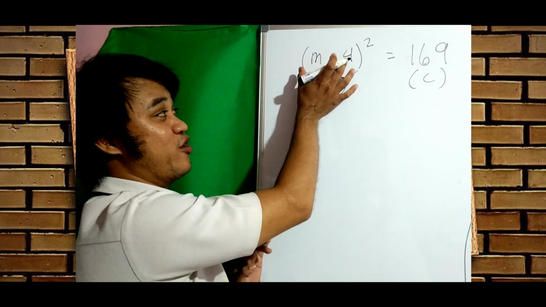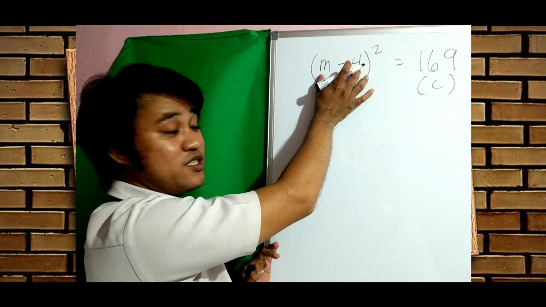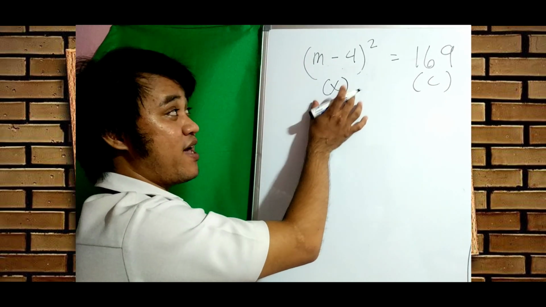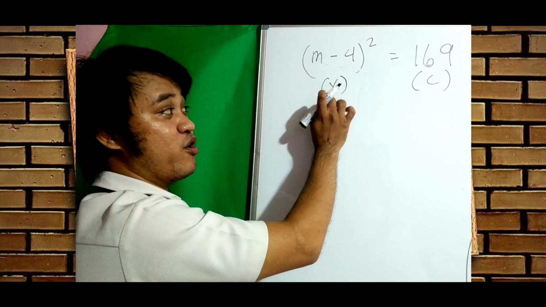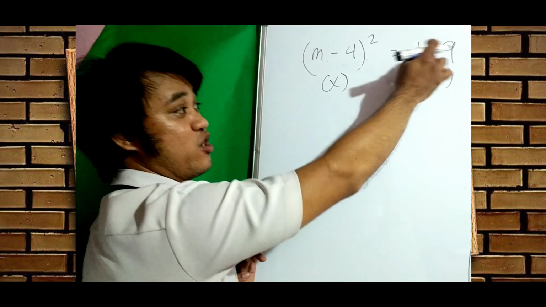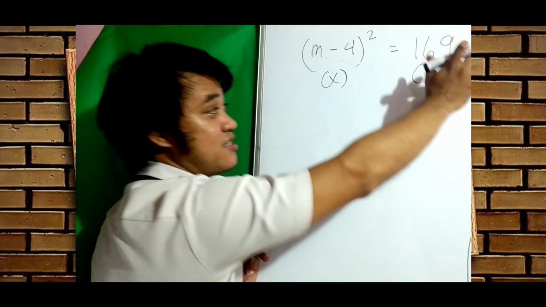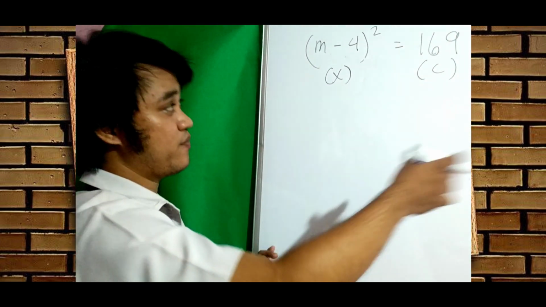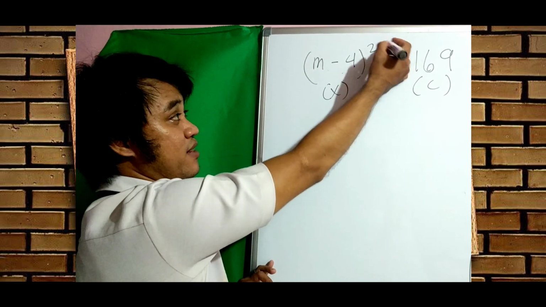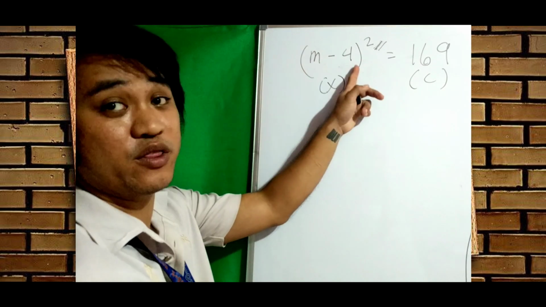Again, your m - 4 is just one term, which is x. So it means your m - 4 will become your x, that will become your x squared, and your 169 now is your c. So this is a quadratic equation. To solve for this one, we need to eliminate the second degree because this is only one term.